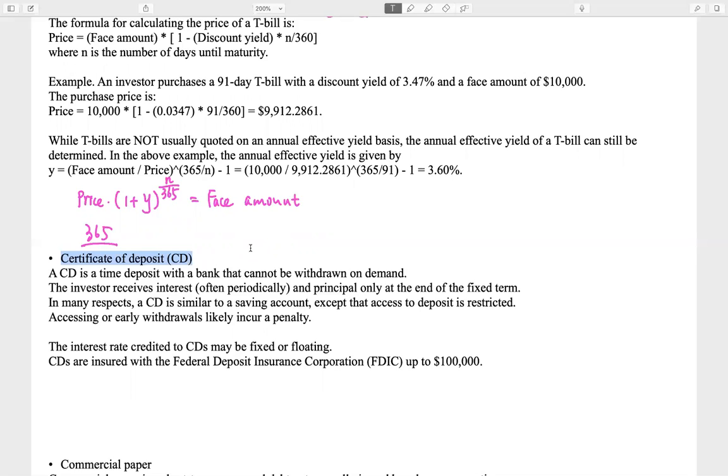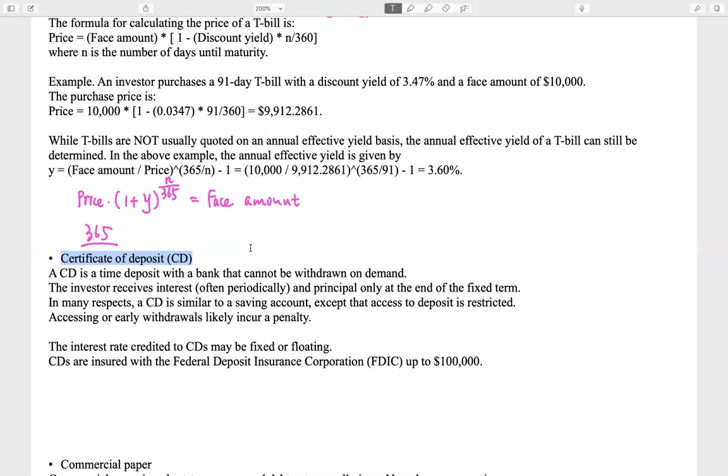But at the same time, CDs can usually offer much higher interest rates. It could be 1%. Last year it was even 2%. I had a CD with Discover, and they even offered me 2%. Of course, it's not the case anymore.